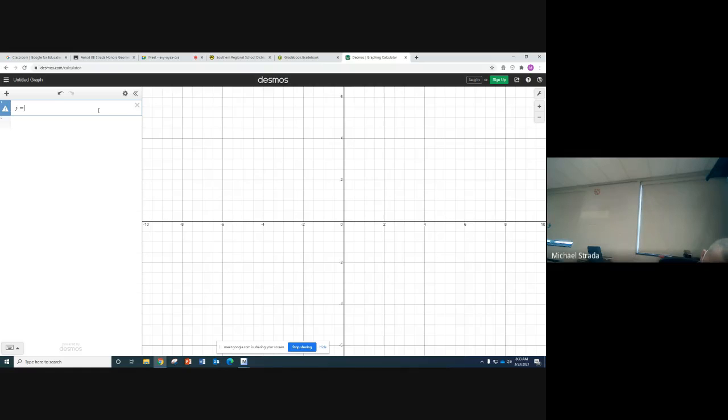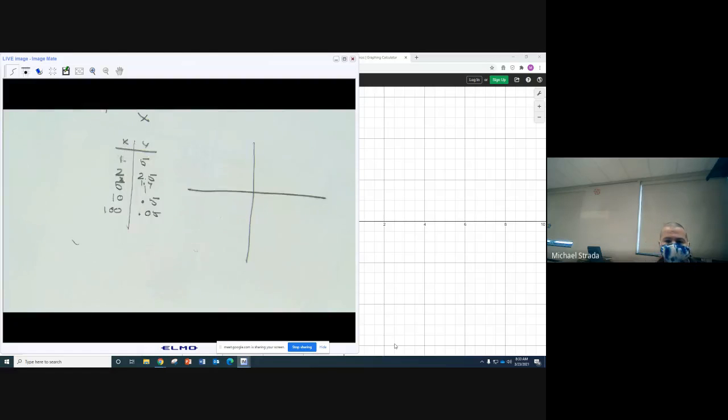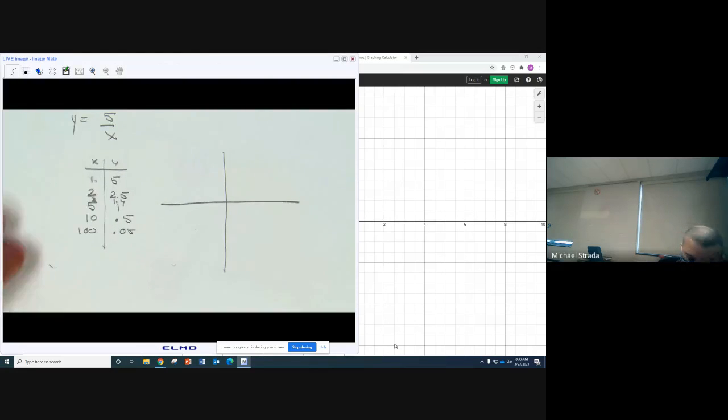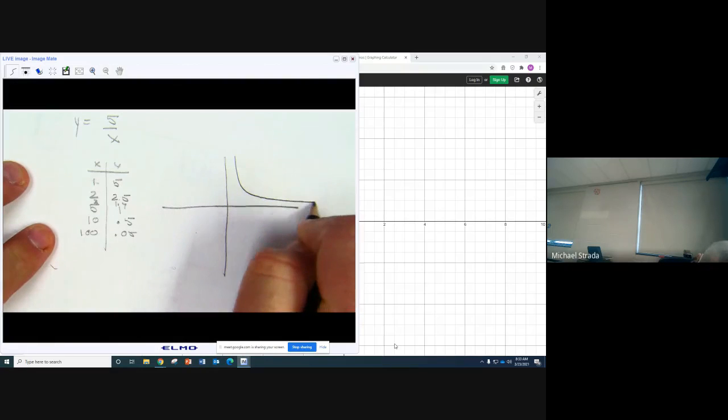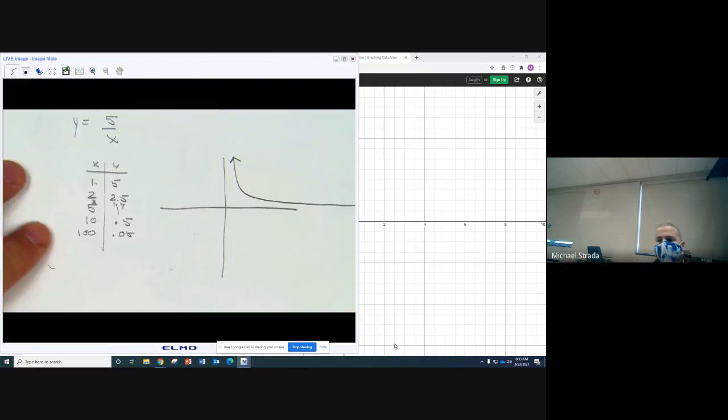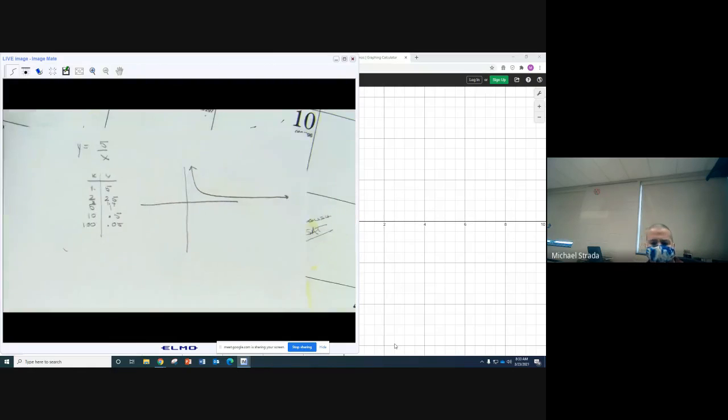If I graphed those points, it would look like that. Where it would keep decreasing, but will it ever hit 0?